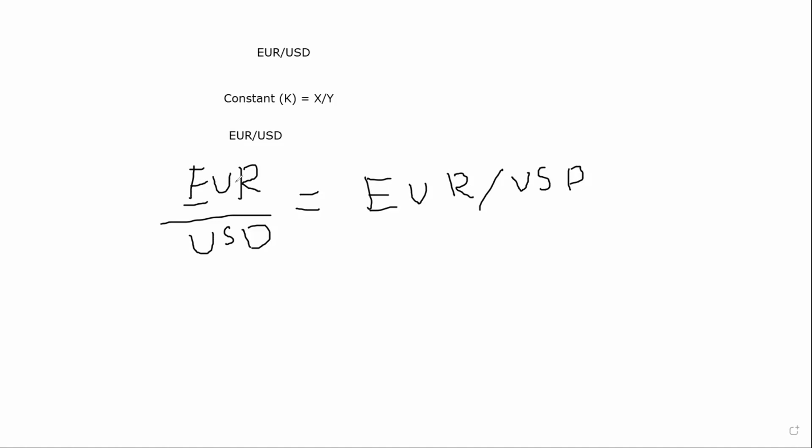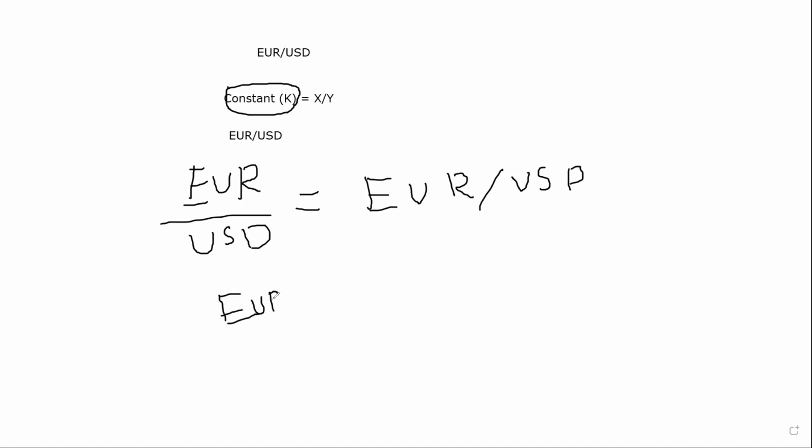So we can rewrite euro US dollar like this. Now we have to make US dollar the subject, because we have to compare the base currency with the exchange rate. We also have to change US dollar to constant K.